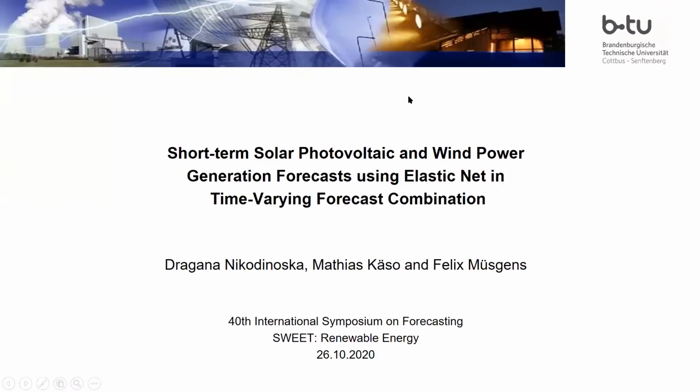So the title of my presentation, the first presentation for today's session, is short-term solar photovoltaic and wind power generation forecasts using the elastic net in time varying forecast combination. This is joint work with two of my colleagues at the Brandenburg Technical University in Cottbus, Germany.